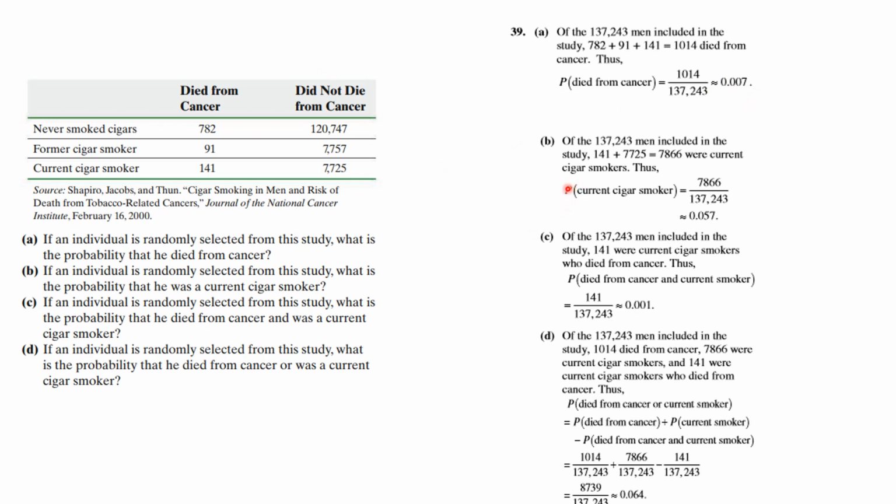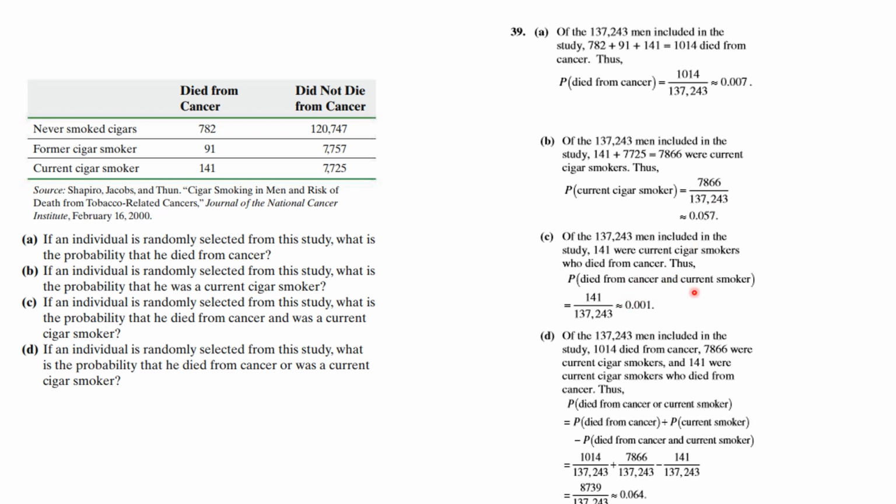The current cigar smokers, the probability of being a current cigar smoker was this total, and that is a row total. Actually, it is a total across this row, divided by the grand total.